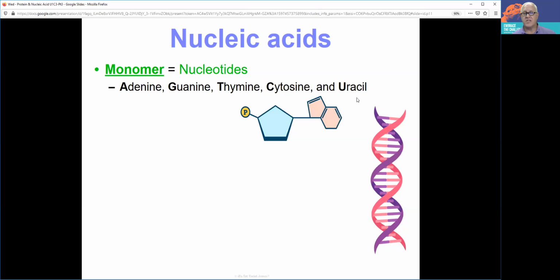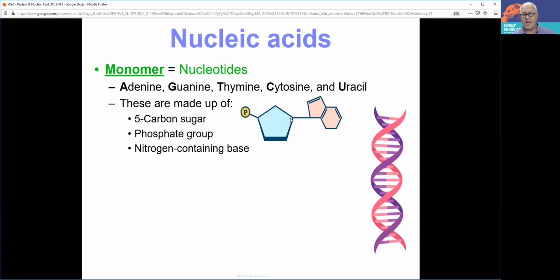A, G, T, C, and U. They're made up of a 5-carbon sugar, which we can see here in this illustration, a phosphate group, and a nitrogen-containing base.